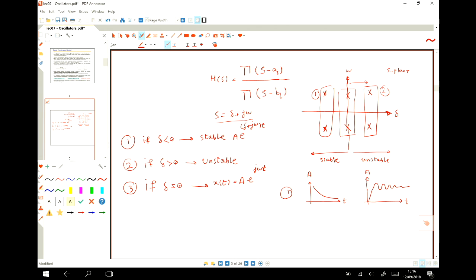Okay? I mean, the system will be stable. At the end of the day, in the long term, it's stable.